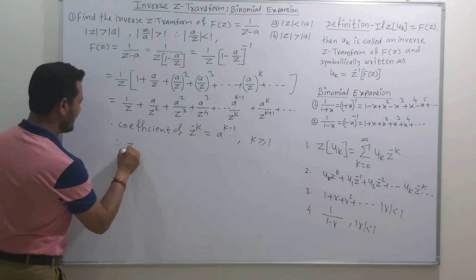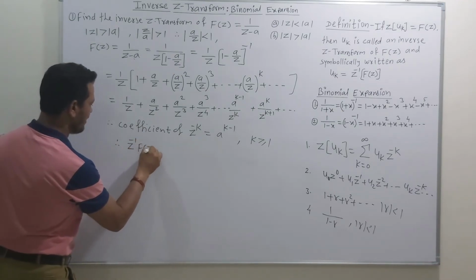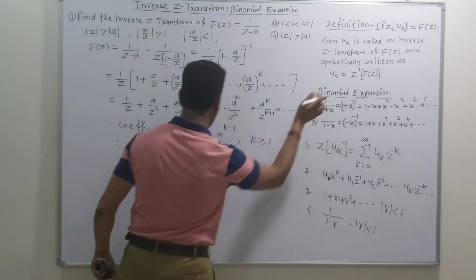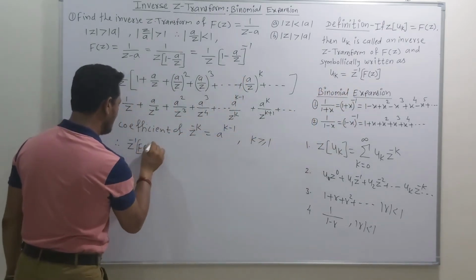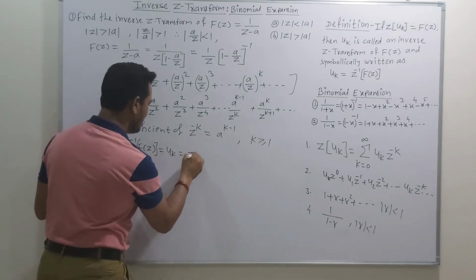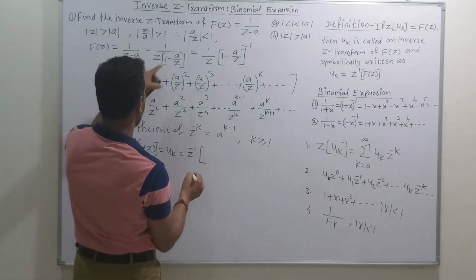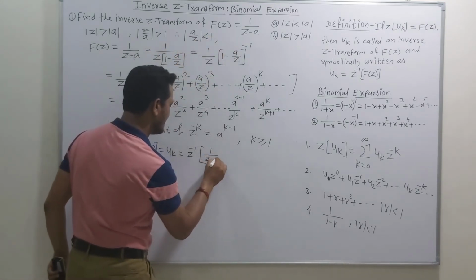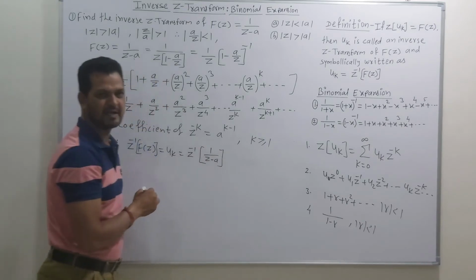So therefore we can write inverse z transformation of f of z is equal to sequence uk, which is also written as inverse z transformation of this f of z. The f of z is given by this term, which is z times 1 upon z minus a.